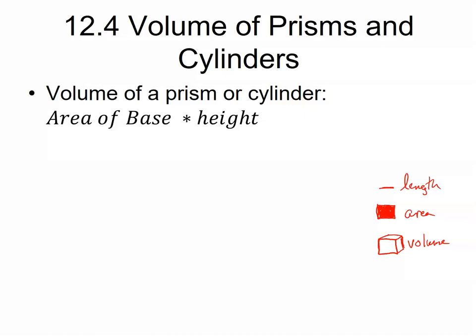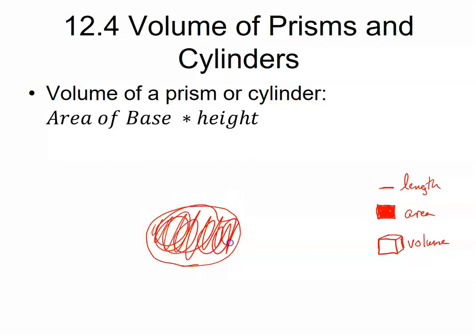So in the case of a prism or a cylinder, what we have to do is find the area of the base, which is basically going to tell us how many blocks it takes to make the bottom, whatever it is. So if it's a cylinder, it's how many blocks it would take to make the bottom.